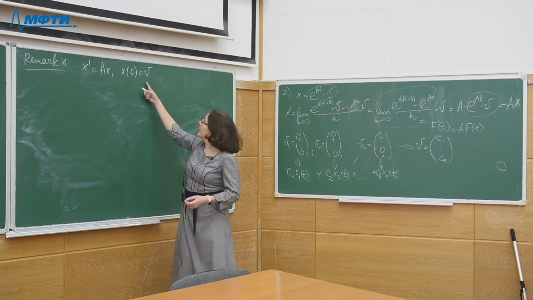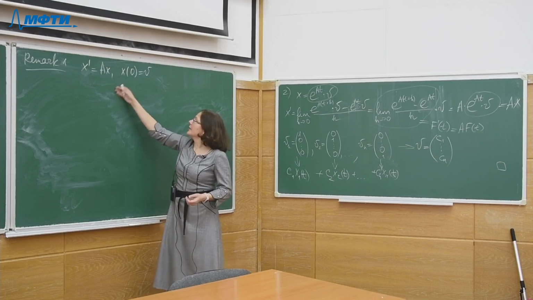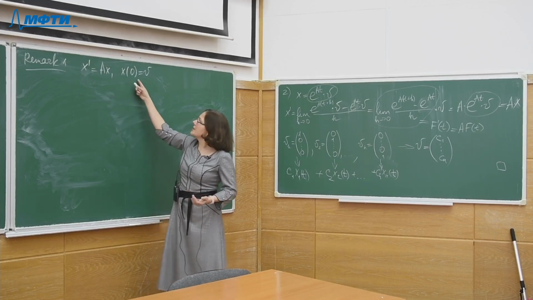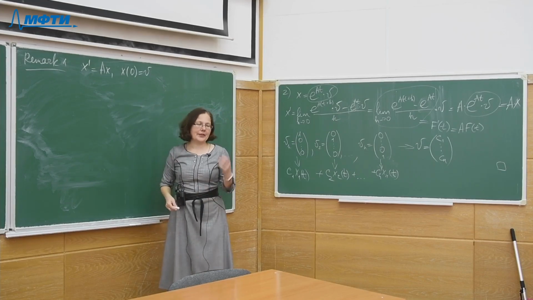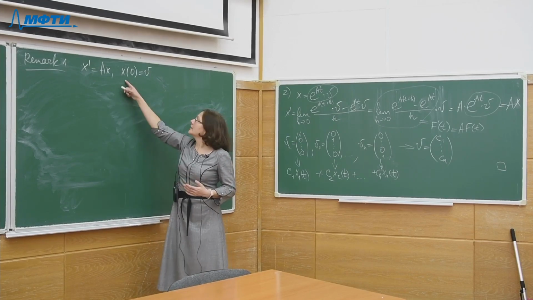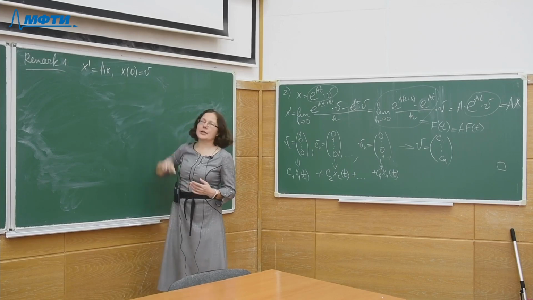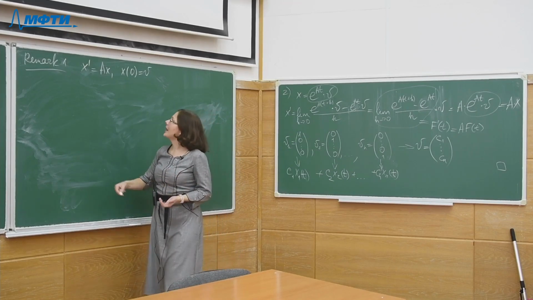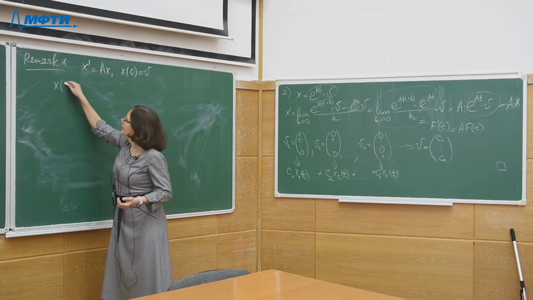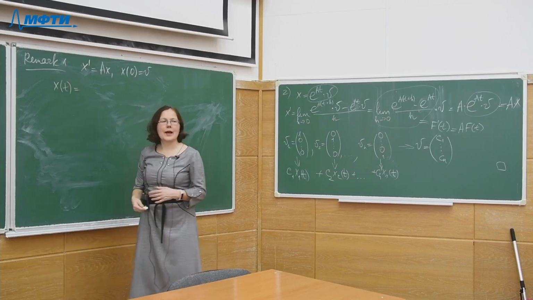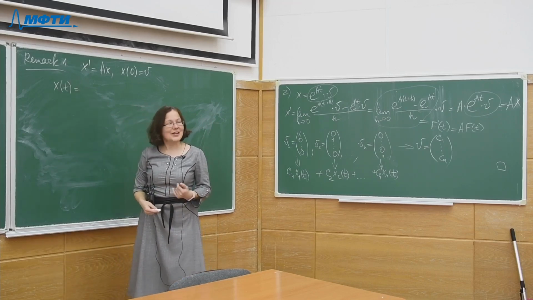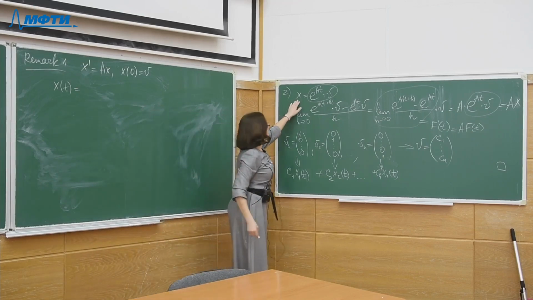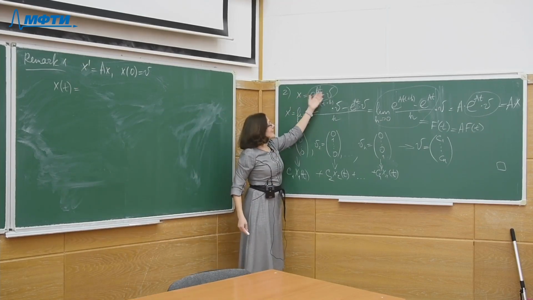Take any vector v, and we want our solution to satisfy this initial condition. At the point 0, our solution must be equal to the given vector v. Can you write the formula for x of t? What is the formula for x of t then? You may use this fact, so any solution can be written in this form.